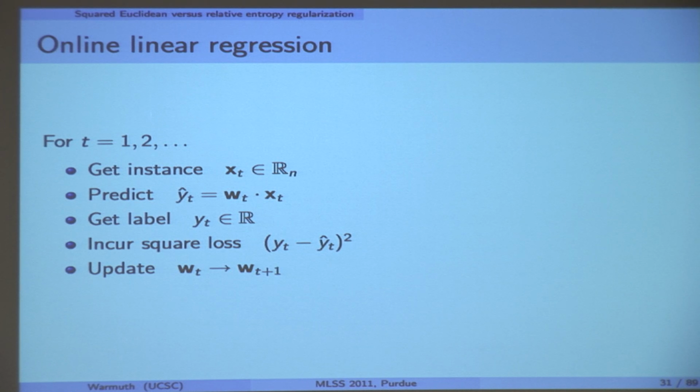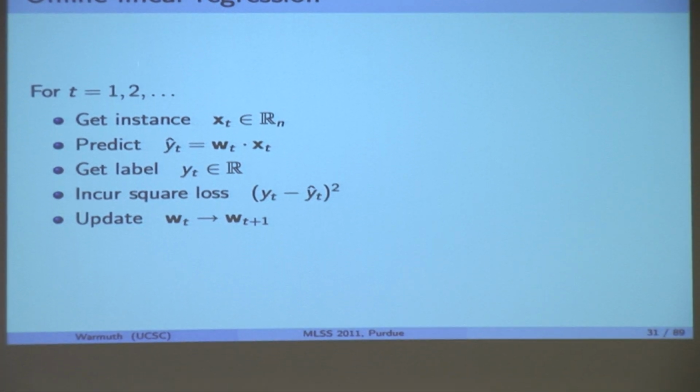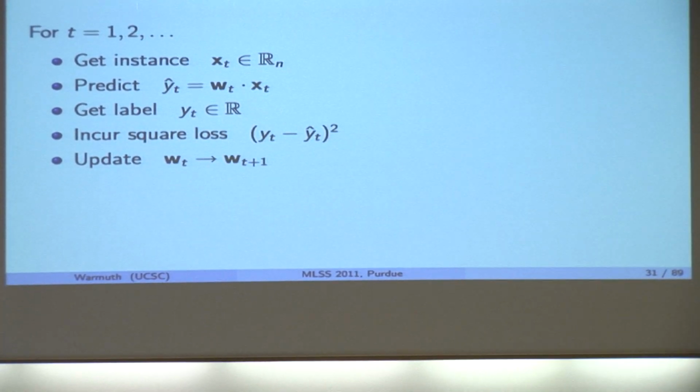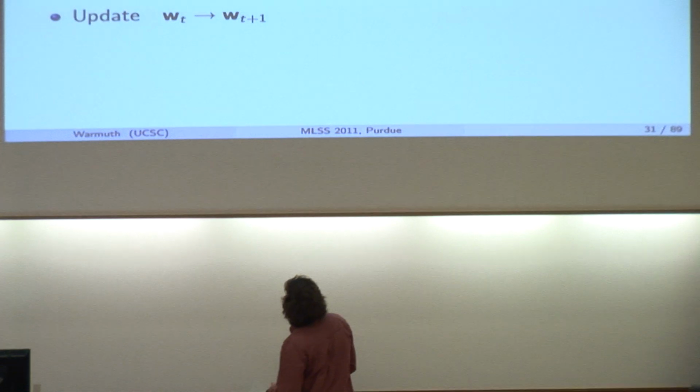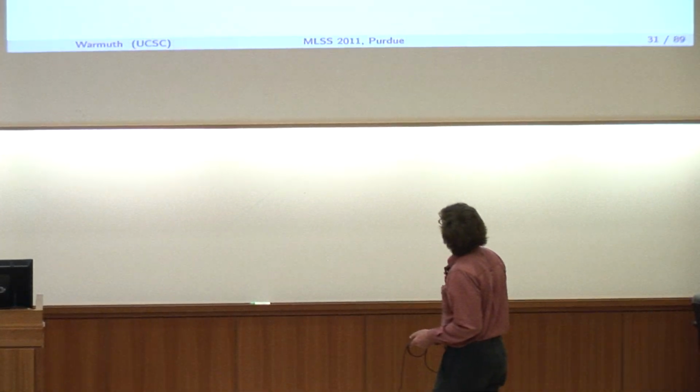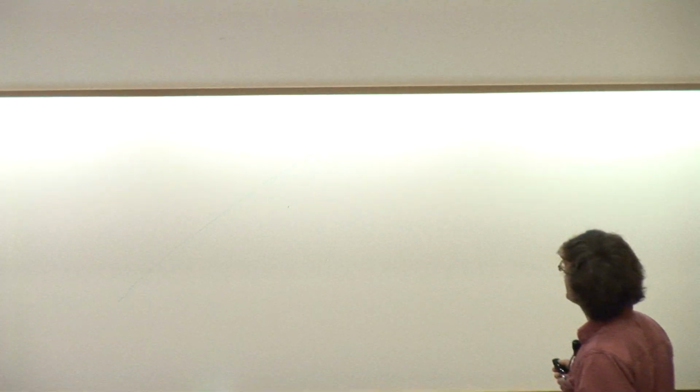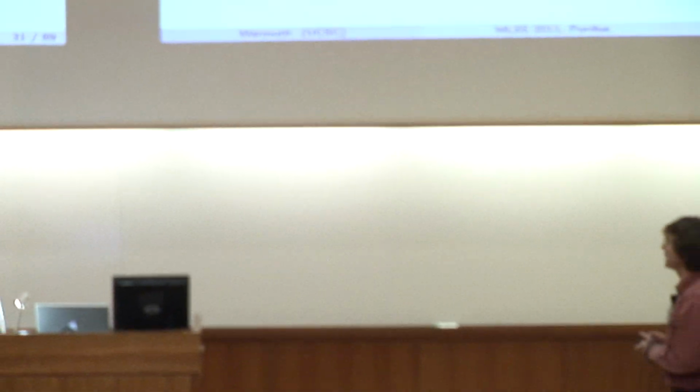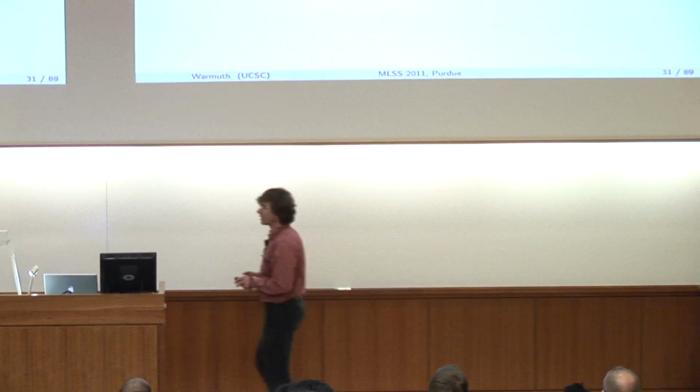So you have a plane as your current hypothesis. And then you get a point, and then you're punished by how far you were. Square loss. And then you update your plane.